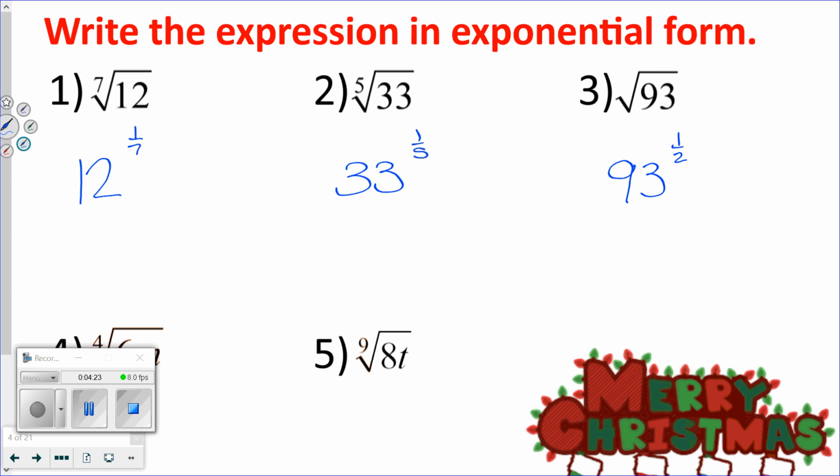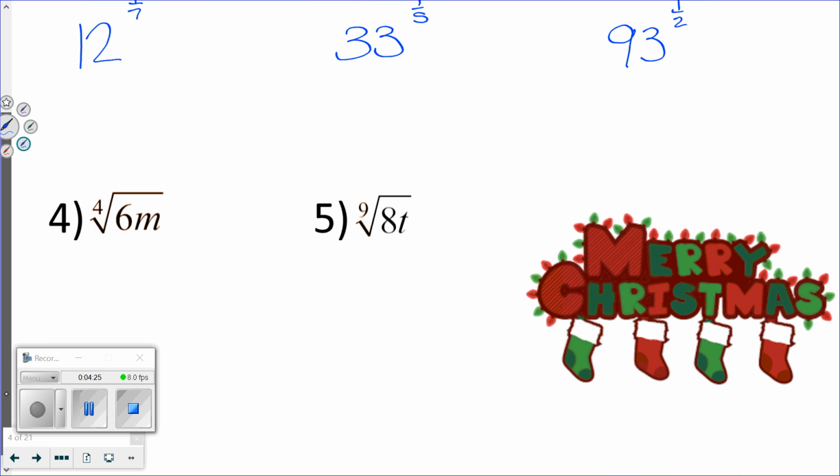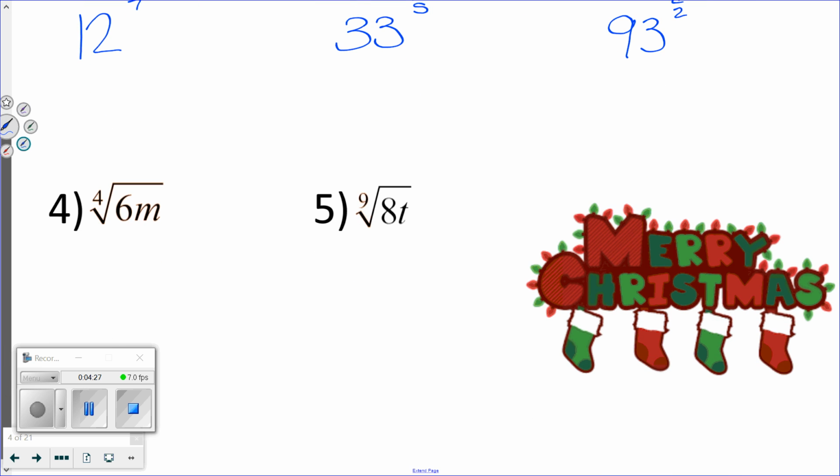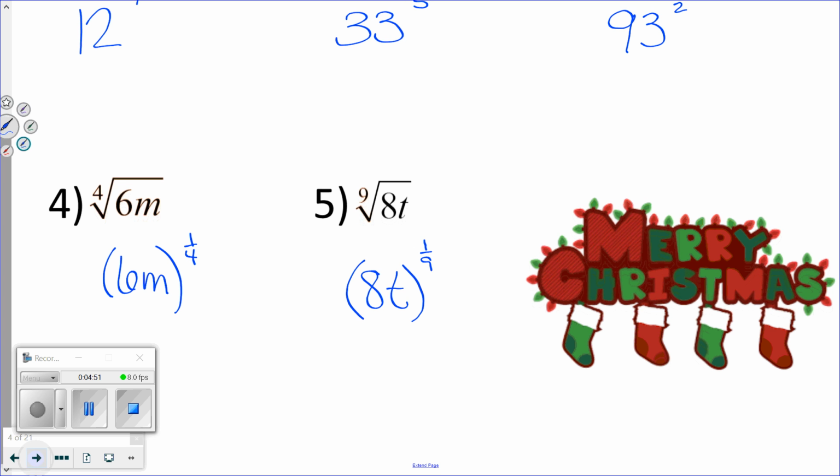Perfect. Number 4, Jonathan? Perfect. So he chose the lazy man method and just put parentheses. Or you could have done 6 to the 1/4, m to the 1/4. Either way. Number 5, Olivia. Perfect. Questions so far? Awesome.